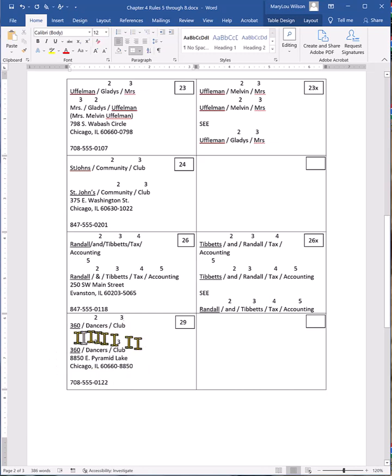There's no reason for this to have any kind of a cross-reference, but the point is that numbers are not going to be written out. We're going to deal with them as they are written. And there will be various ways that you can come across numbers in business names.